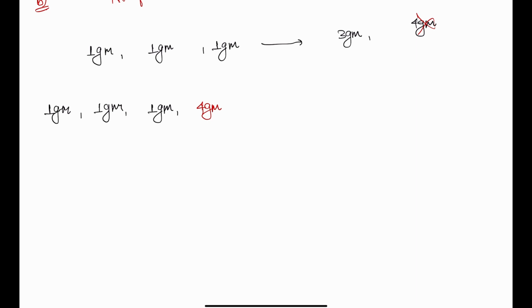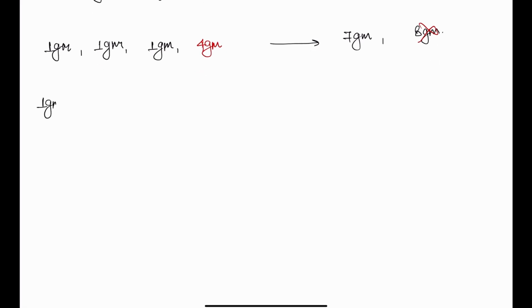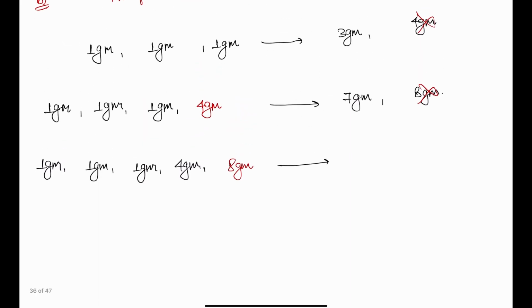Okay, so with this much, what can we measure? 4 plus 3 is 7 gram, till 7 gram we can measure. What we cannot measure is 8 gram, so just cross it. Again 1 gram, 1 gram, 1 gram, 4 gram, and the next one is 8 gram. With this new 8 gram, how much we can measure is, this is our identification of first.